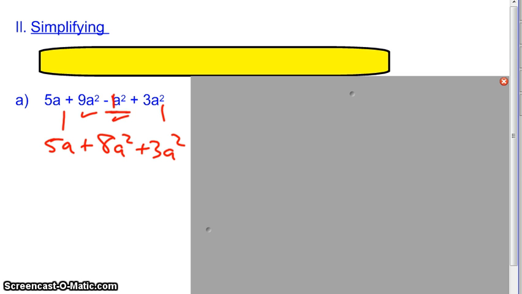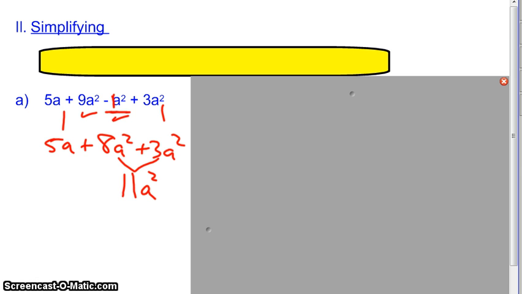Do you see any terms with the same variable and the same exponent? And you get 11. So these two are the same, they're considered like terms.